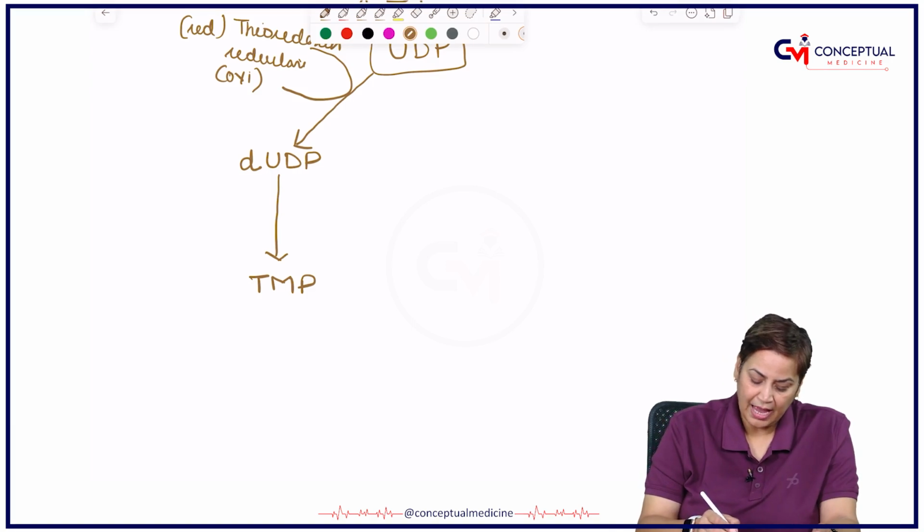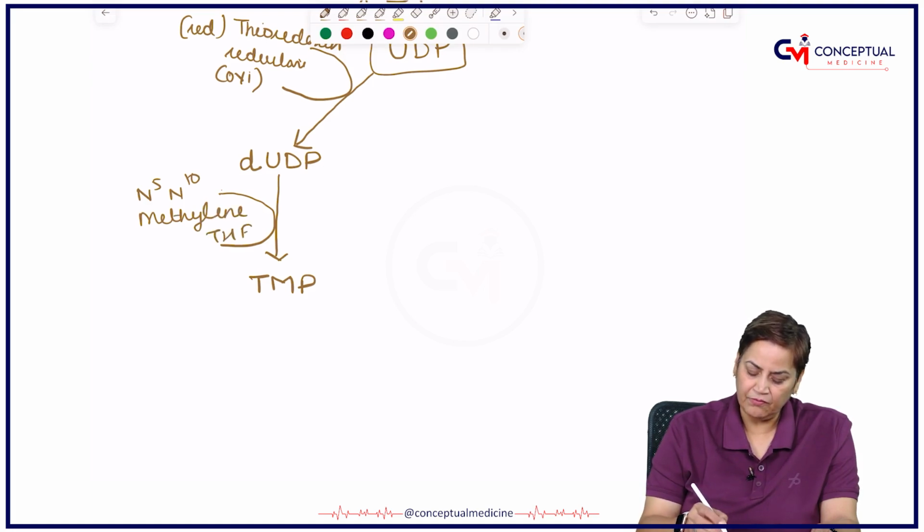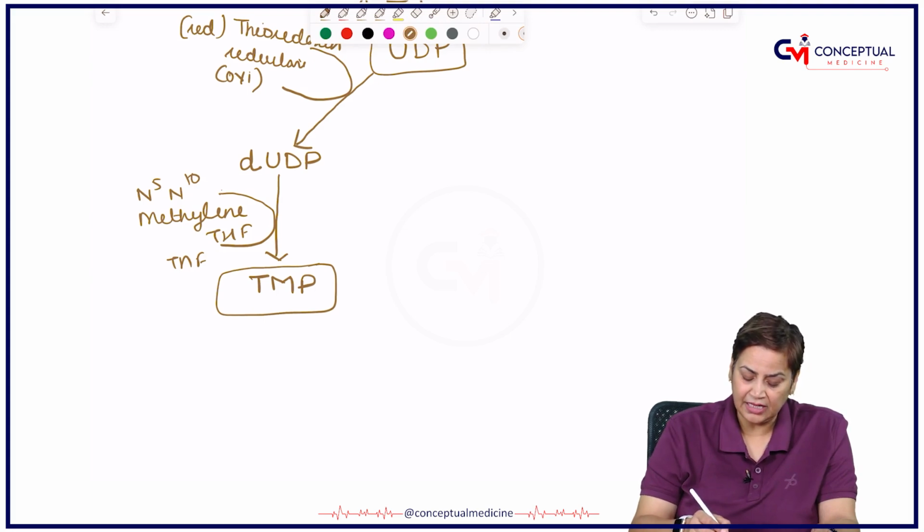This is a very important reaction: N5,N10-methylene THF will donate its methyl group here, and thymine monophosphate will be produced, and the name of the enzyme is thymidylate synthetase.